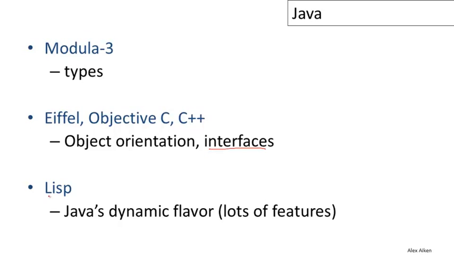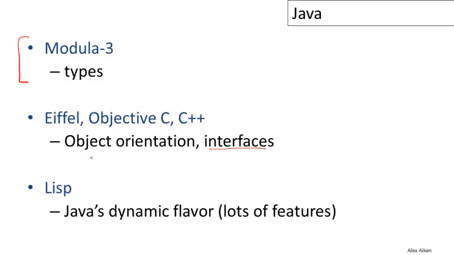And the particular influences on Java, at least as far as I understand it: the type system in Java, or its commitment to types, is probably traceable to Modula-3. The idea there was to build a programming language that would scale in a realistic way to large systems, but also be strongly typed.